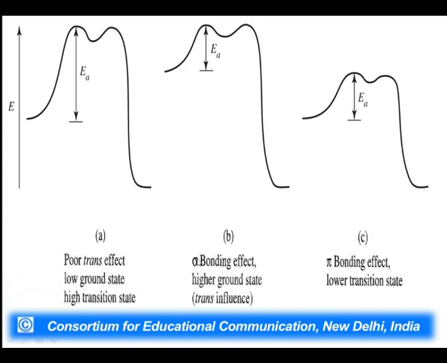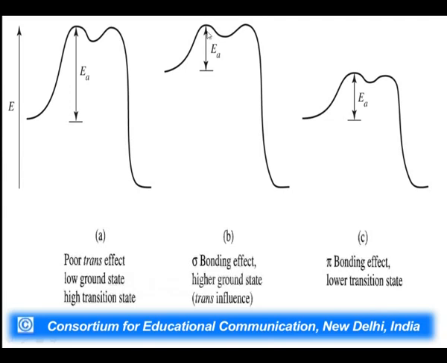Sigma bonding ligands, having trans influence, weaken the metal ligand bond strength trans to them. So, in this case the energy of the ground state is more, and the difference between the ground state and transition state is lesser. So, it destabilizes the ground state.